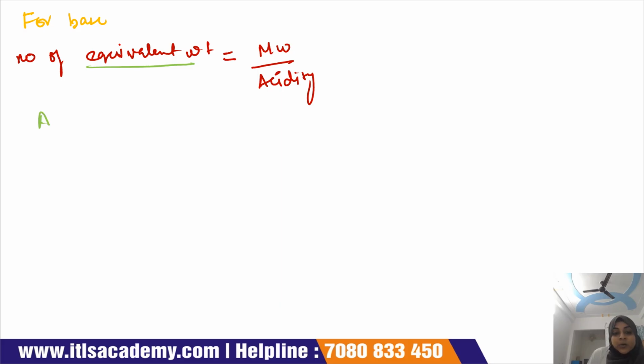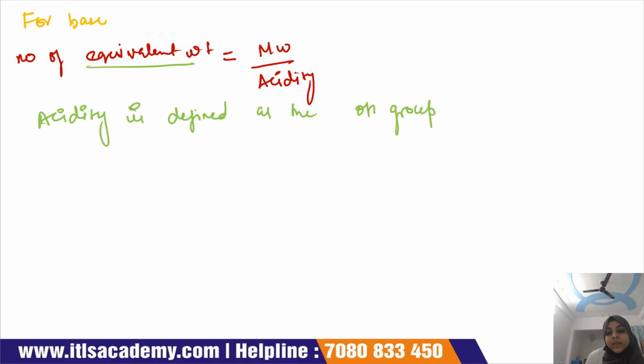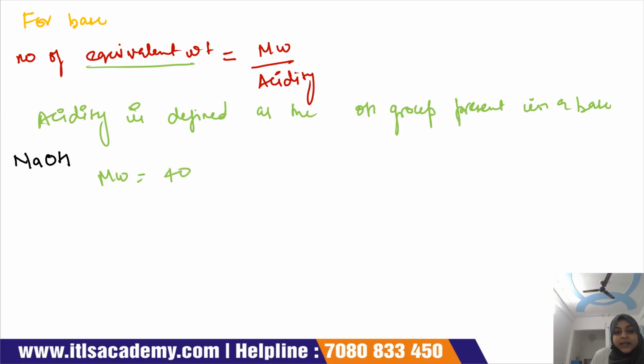Now how do we calculate the acidity? Acidity is defined as the number of OH groups present in a base. That is called its acidity. Now, if we take the first example, NaOH, the molecular weight of NaOH is 40 and the acidity of NaOH?